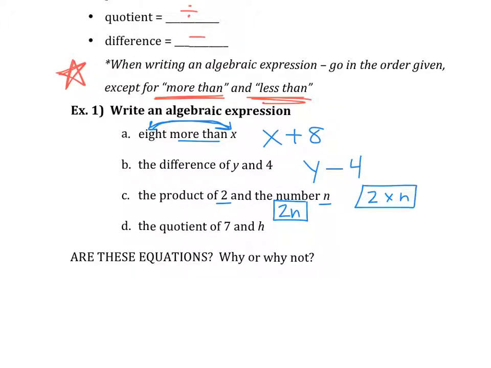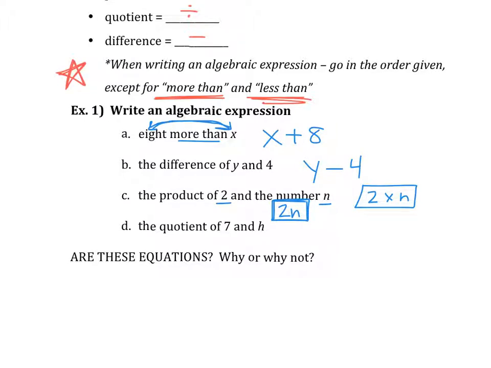It's not wrong to do 2 times n. Yeah, Avery. I love questions. For the multiplication symbol, will we be using the x or do you want us to use the dot? You may use either or nothing at all. If you just put them next to each other, then you don't need a symbol. But you may use either the dot or the x if that's easier for you.